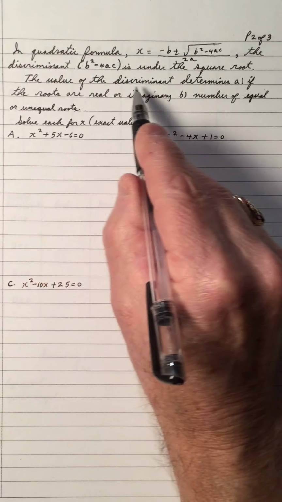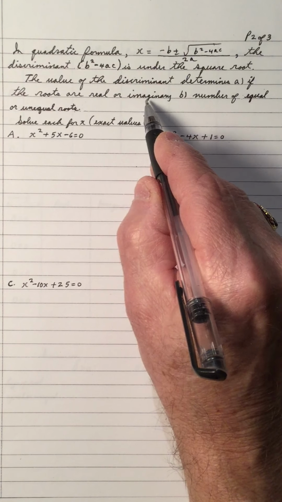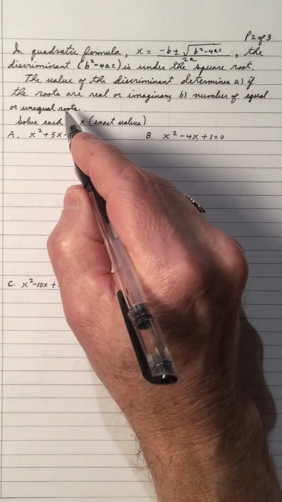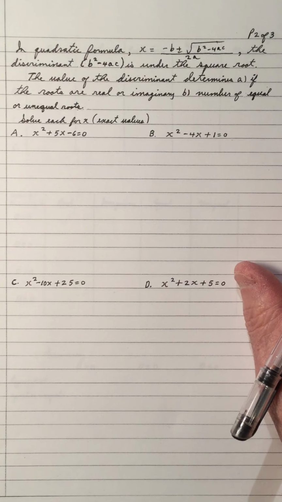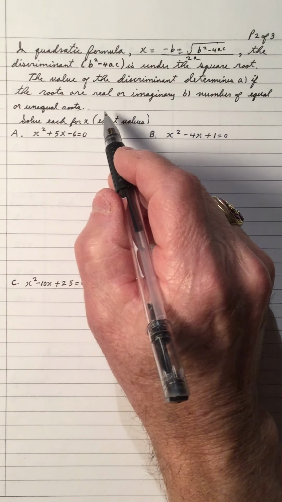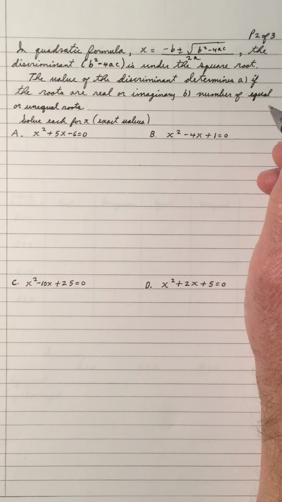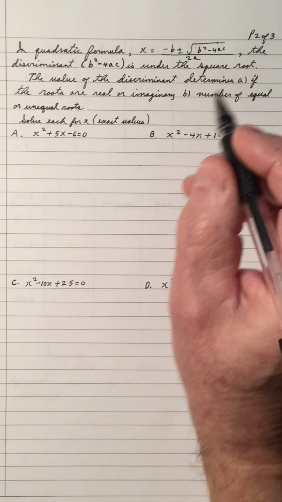Hence, the value of the discriminant determines if the roots are real or imaginary, and it determines the number of equal or unequal roots. In this video, I'm going to demonstrate real and imaginary roots and the number of equal and unequal roots, looking at the discriminant, which is b squared minus 4ac.